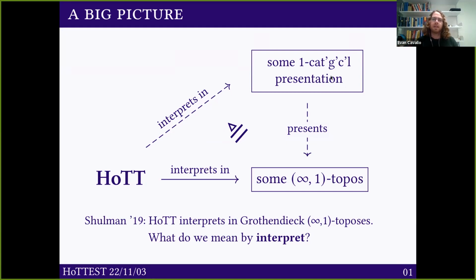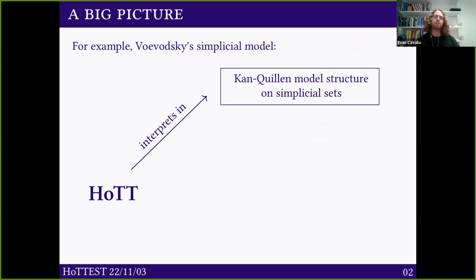So in that case, the notion of one categorical presentation is a model category, although it could, in theory, be something else. For example, the first model of type theory with univalence, Voevodsky's simplicial model, is directly an interpretation of homotopy type theory in simplicial sets. And this interpretation makes use of and is compatible with the model structure on simplicial sets, the Kan-Quillen model structure.